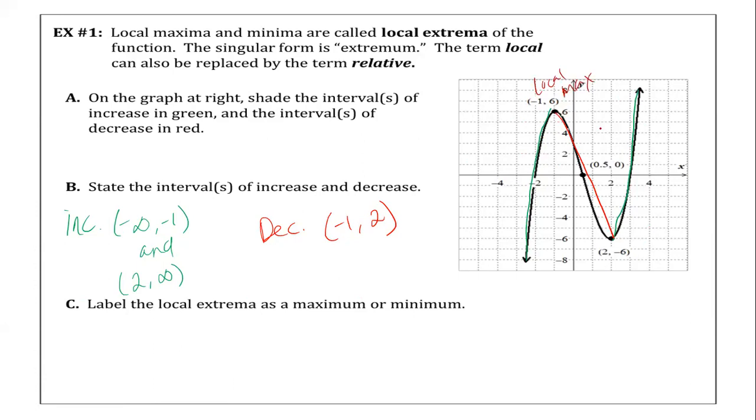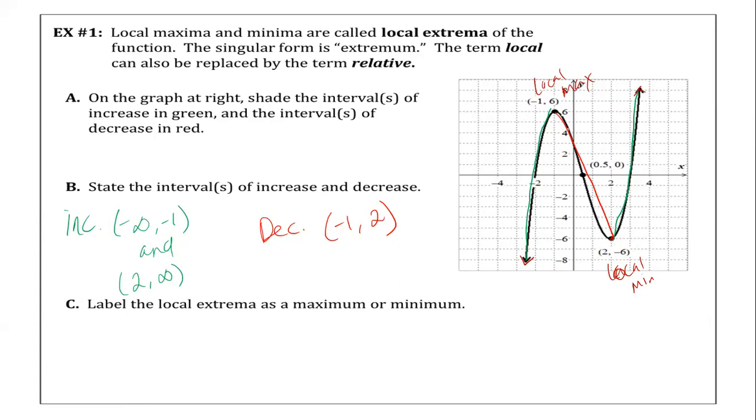It's not our absolute because notice that it goes on forever, right? We already discussed that. Perfect. And this is a local minimum. Again, we're calling it local because it's not our absolute lowest, because we go on to infinity.